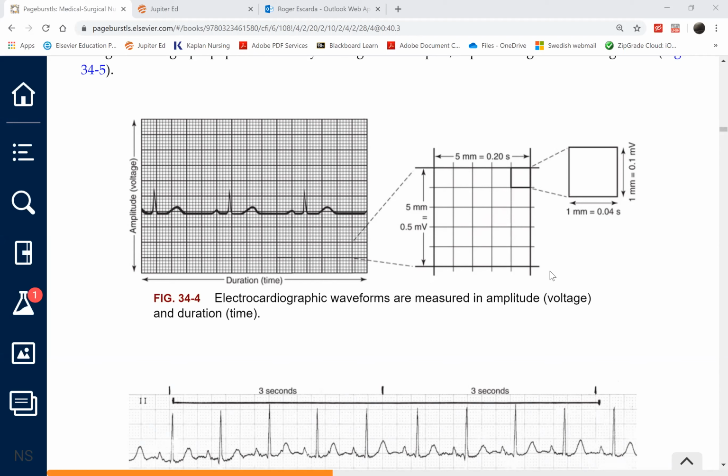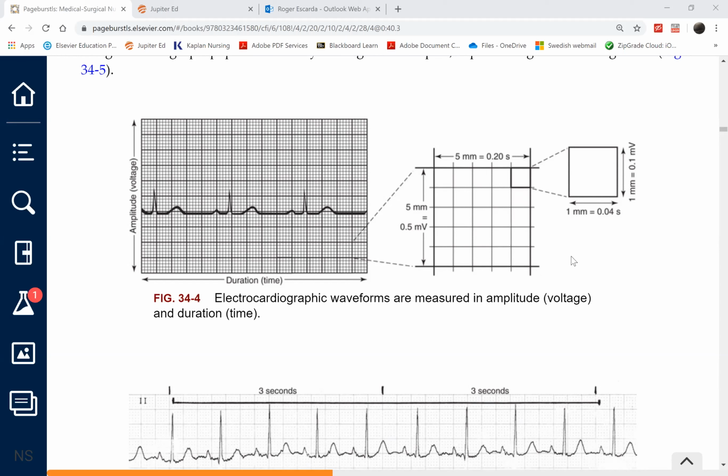And one big block is 0.04 times 5 equals 0.2 seconds. Again, let me recap. The horizontal line represents time in seconds, and one small block measures 0.04 seconds horizontally. So that means if there are 5 of them in one big block, it represents 0.2 seconds.